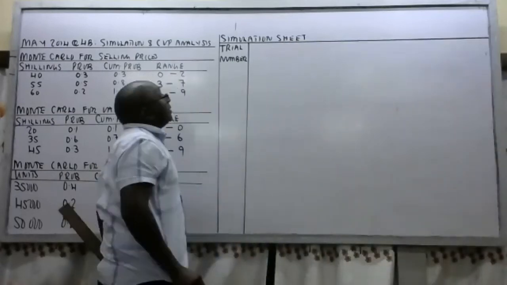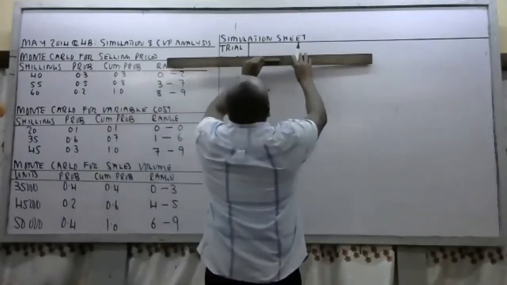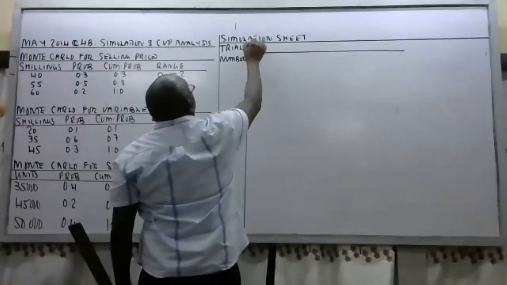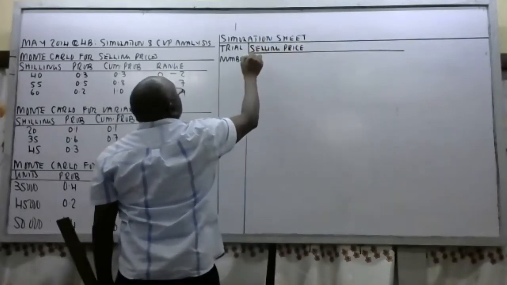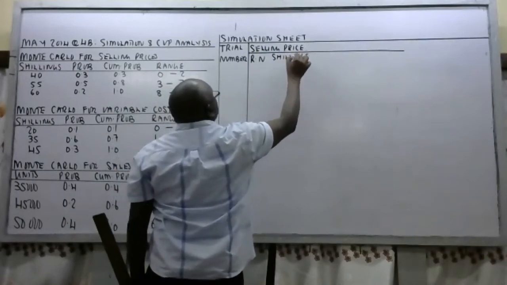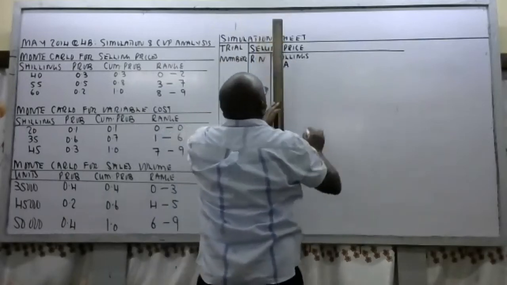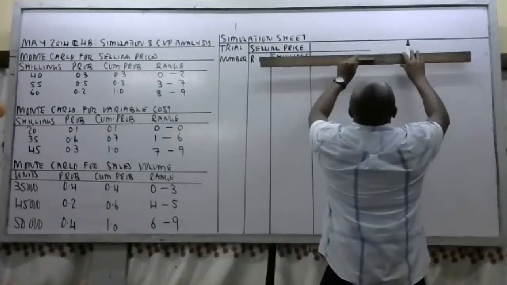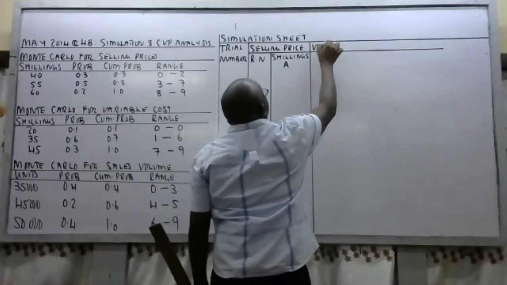All right, so we proceed. Now, what I need for me to get the profit, I will need to come here and get the selling price. For selling price, I will have the random number and then shillings, which I want to designate as A. Then I have variable costs.